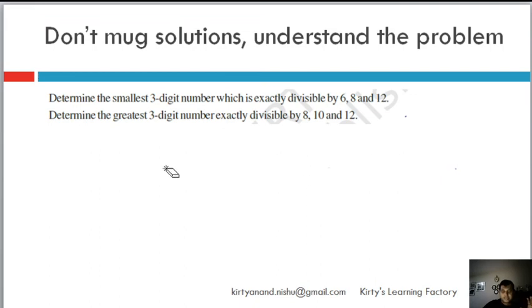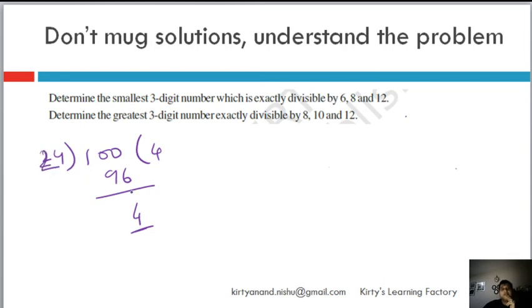That is why I described both things: in the first place you have to understand the reason behind it. When we divided 100 by 24, it gave me a remainder of 4, which means that if I subtract 4 from 100, I will get an exact multiple of 24, which is 96.